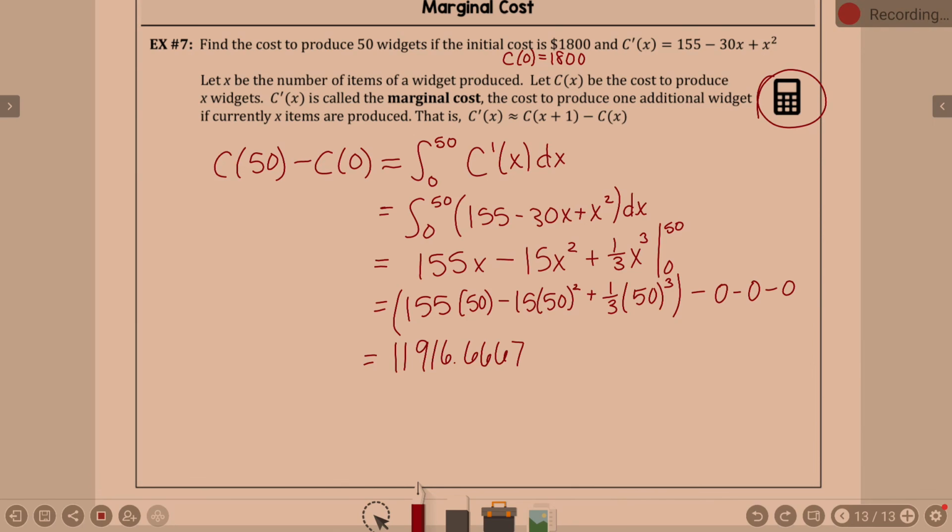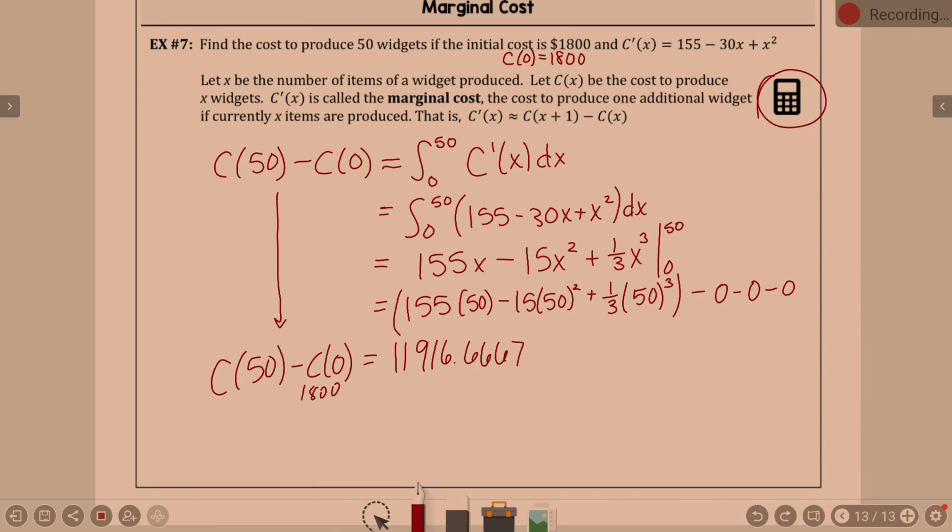Okay. Now, keep in mind, what is that right there? That is the cost to produce 50. But remember, we had that initial cost in there. And this is the cost to produce one additional widget. So essentially what we want to do is that C of 0 is 1,800, yes?